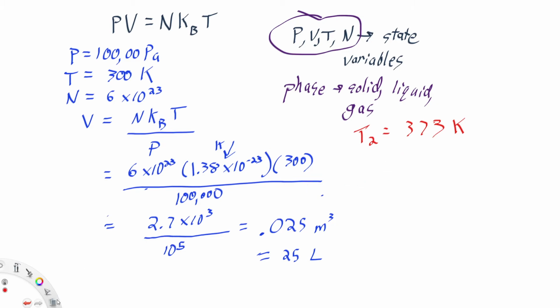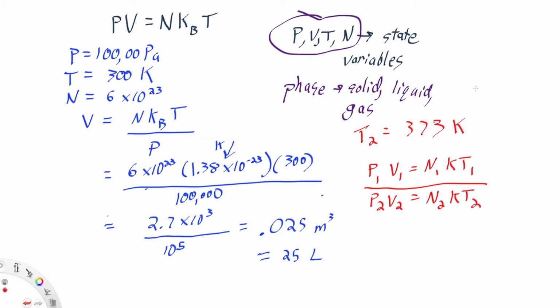So we get to use my favorite algebraic trick here. We get to divide an equation by another equation. So P1 V1 equals N1 kT1 divided by P2 V2 equals N2 kT2.